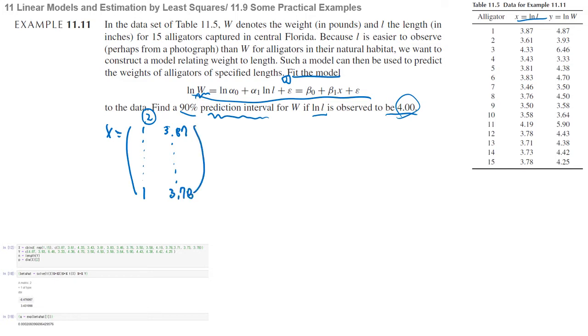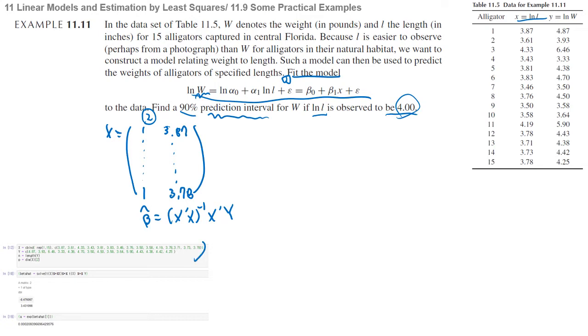This is our matrix X, and we can find beta hat using the formula: beta hat is X transpose X inverse times X transpose Y. This is the setup for R.